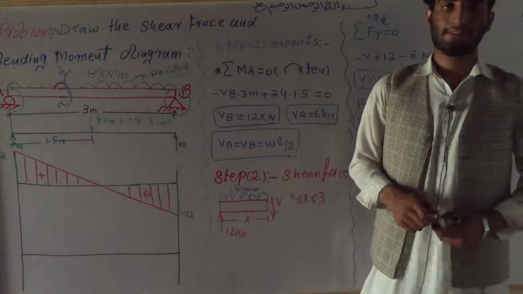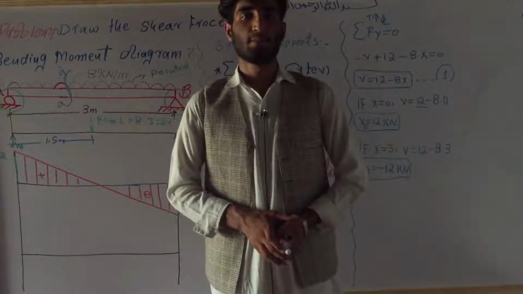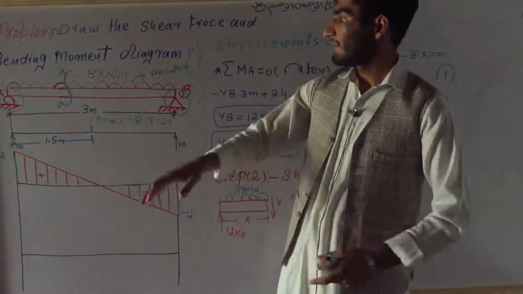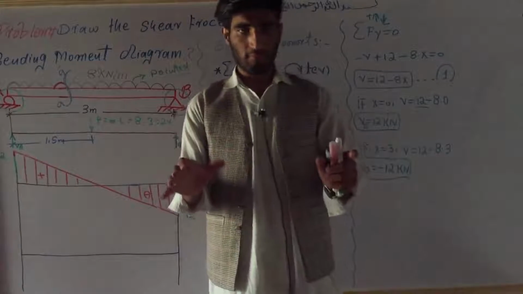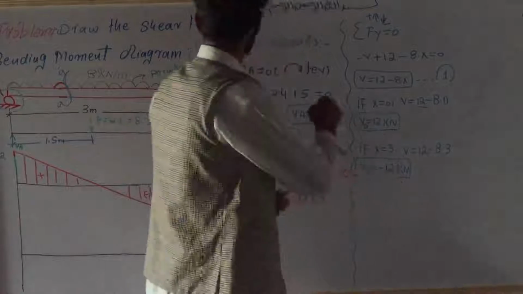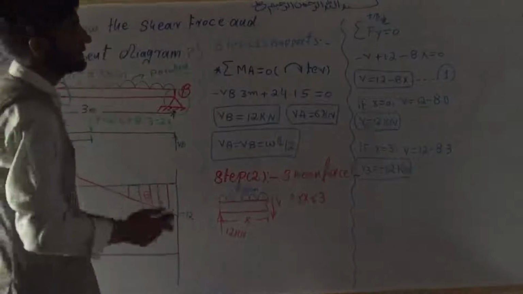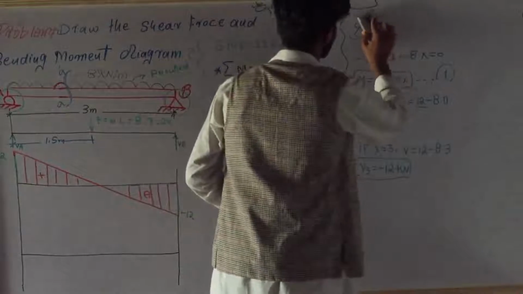So how can we draw the bending moment diagram? That's also easy, and we can take a section in a different part of the beam and calculate its bending moment. So let's start. I want to erase this part because we should calculate the bending moment here.